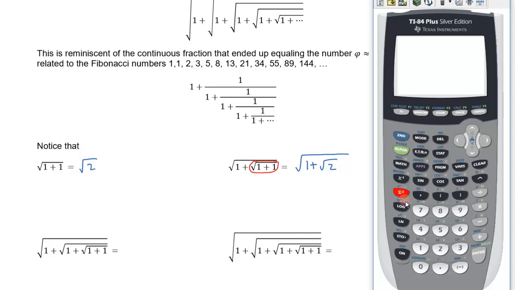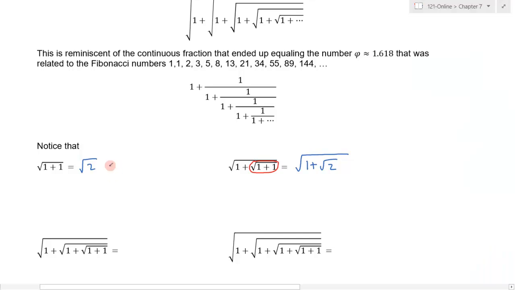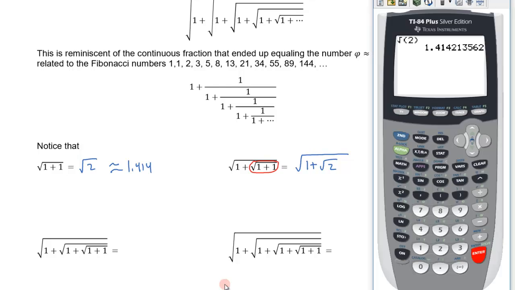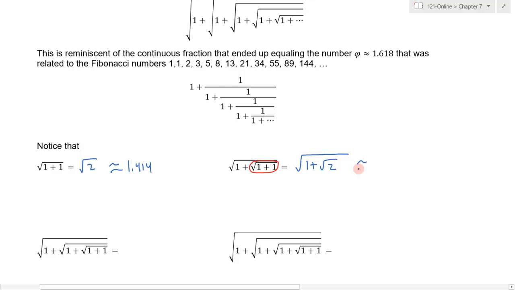If I find the square root of 2, that is about 1.414. Okay, and then for the square root of 1 plus the square root of 2, all I'd have to do on my calculator is take the square root of 1 plus that answer. If I hit enter, that's about 1.55377.